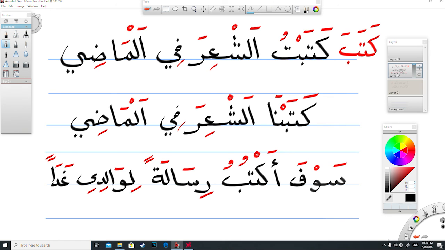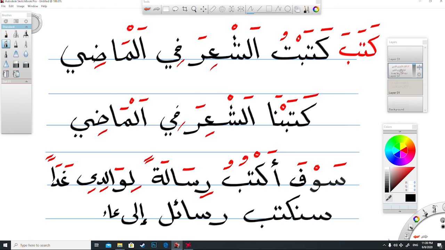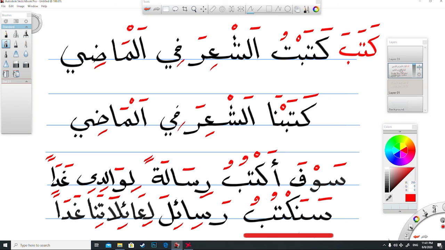The next example is for dual and plural, whether masculine or feminine. سنكتب, we will write, رسائل, letters or messages, لعائلاتنا, for our families, غدا, tomorrow.